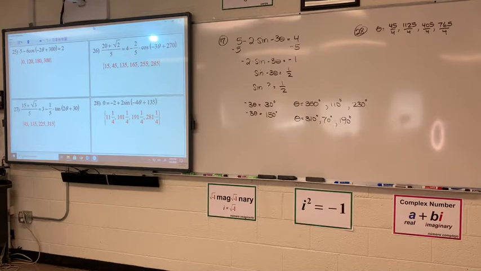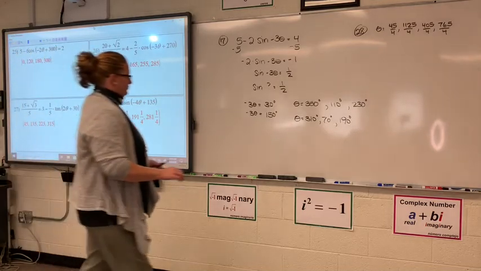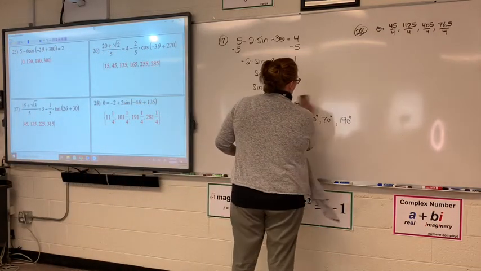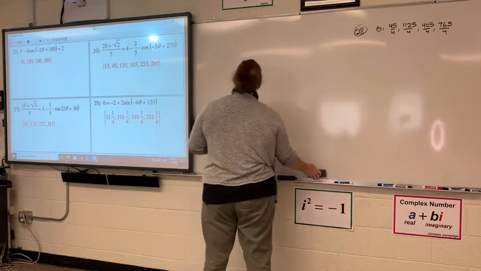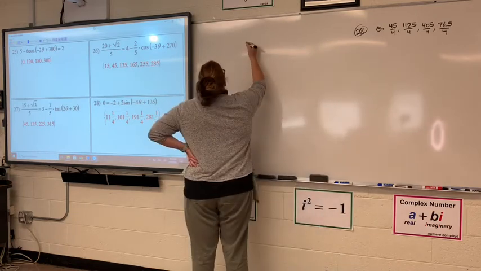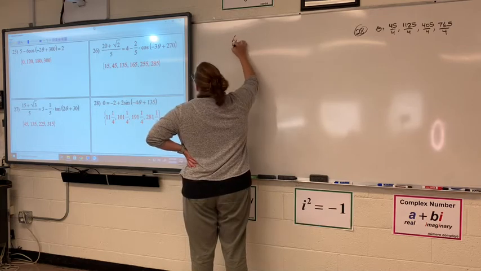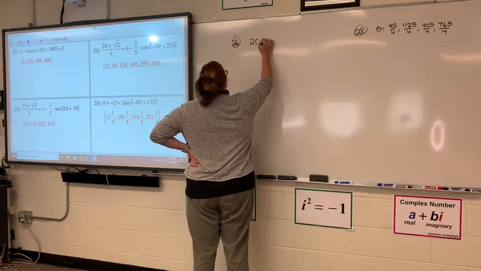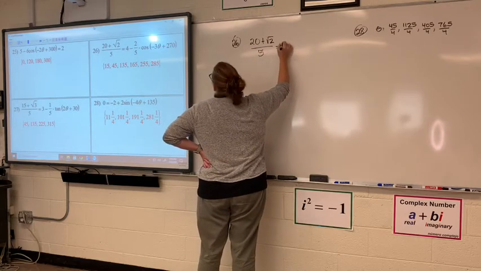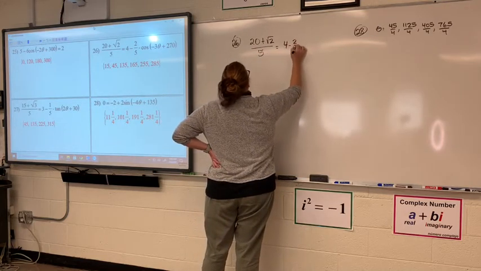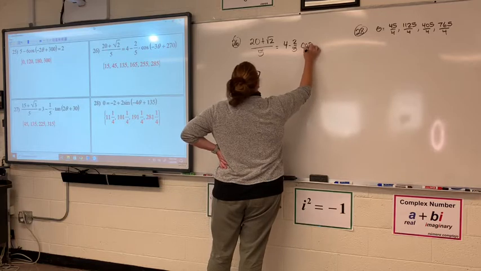Could you do 26? Mm-hmm. All right, so 26. So again, just like the rest, it's just getting the cosine by itself.